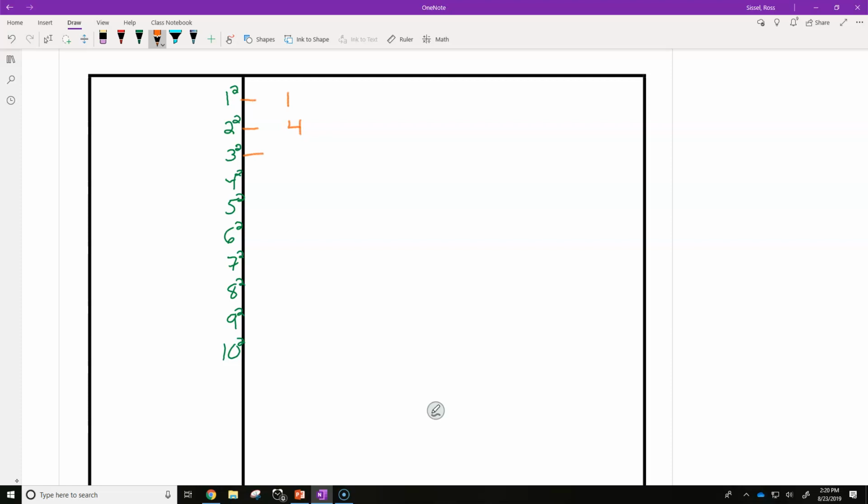3 squared. What's the repeated multiplication? 3 times 3. 3 times 3 is 9. 4 squared. Marley, what's the repeated multiplication? 16. Good. 5 squared. Ethan, what's the multiplication? 6 squared. 6 times 6. 7 squared. 7 times 7 equals 49. 8 squared.